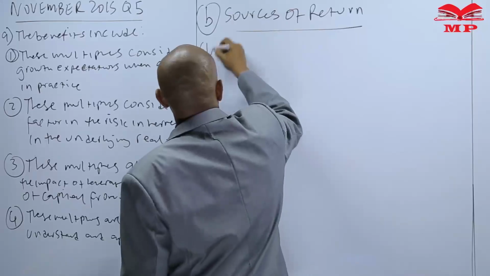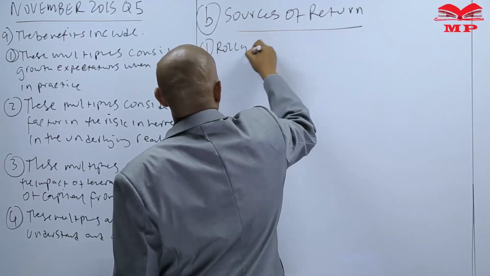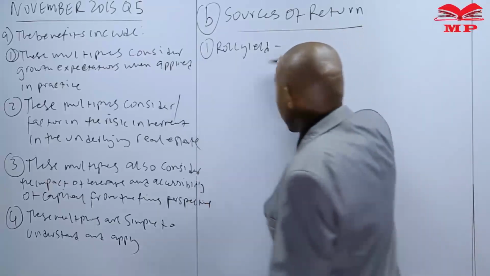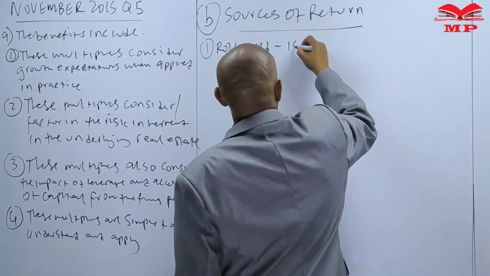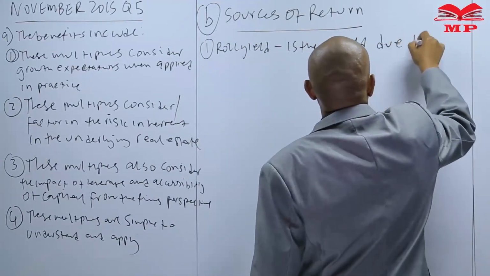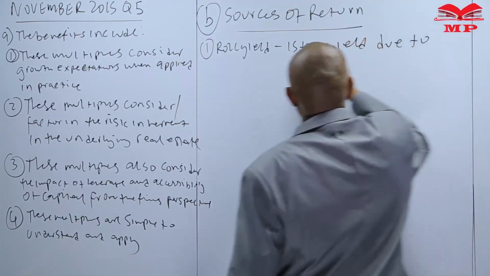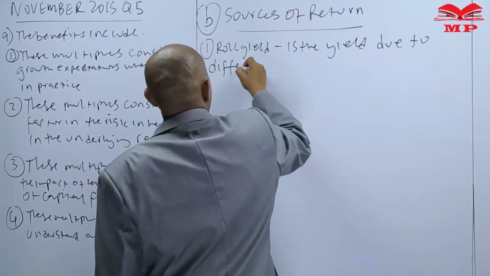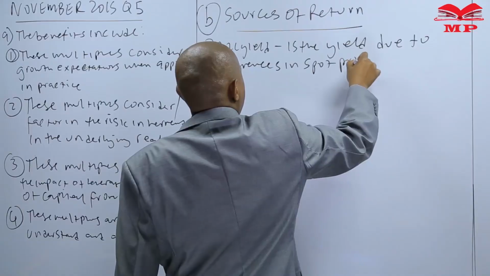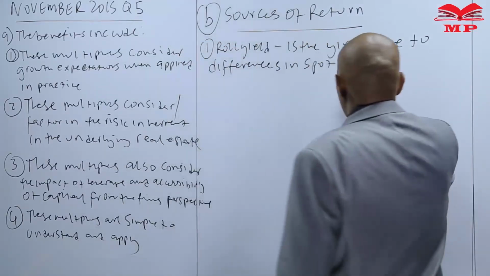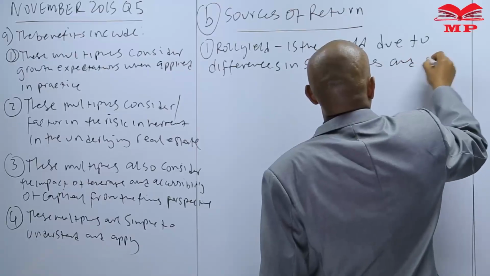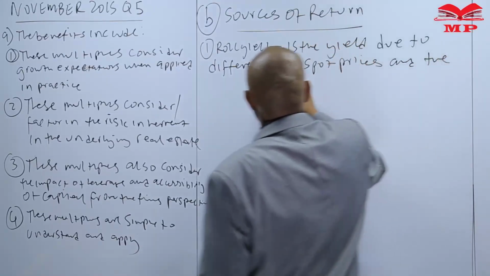The first one is roll yield. Then we probably provide some description about roll yield. We say that is the yield due to differences in spot prices that are provided by the commodities exchange and the futures prices.